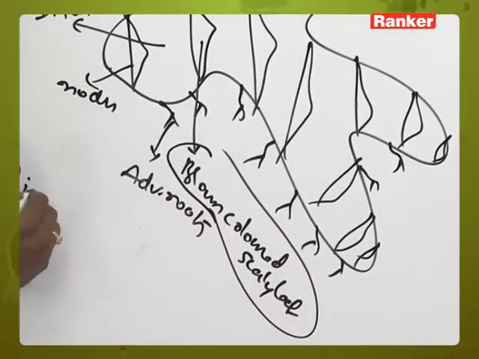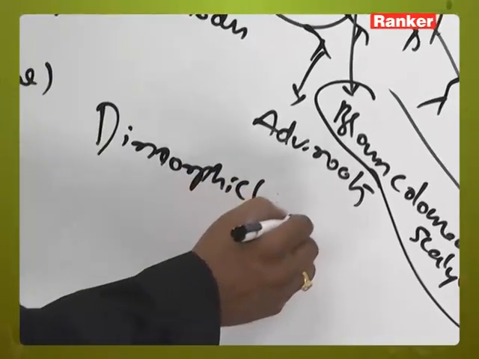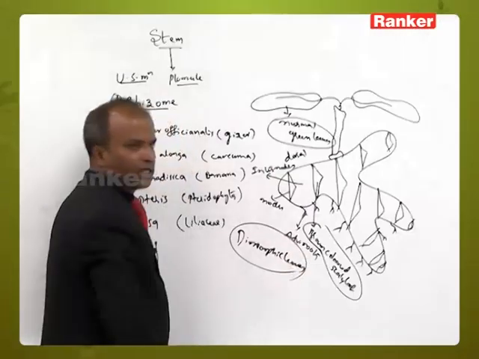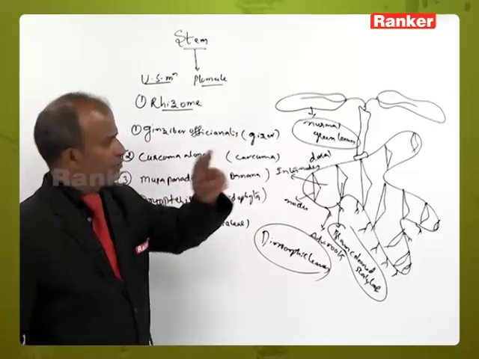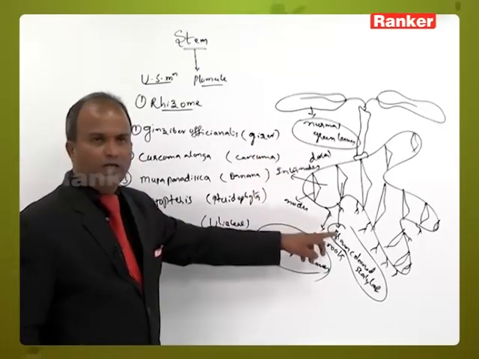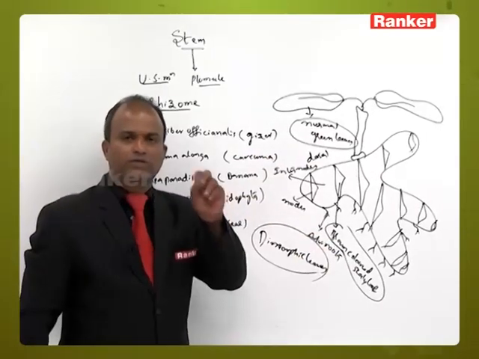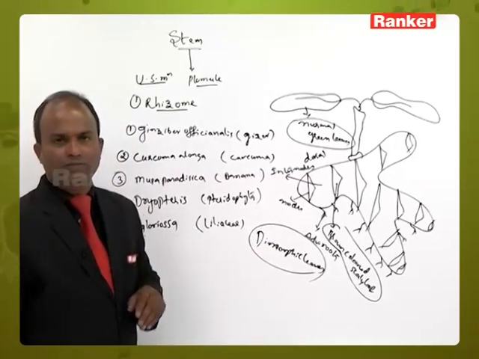Can we apply the technical word dimorphic leaves here? Yes. So in this rhizomatous stem it shows dimorphic leaves, as it shows normal aerial green leaves and underground brown colored scaly leaves.